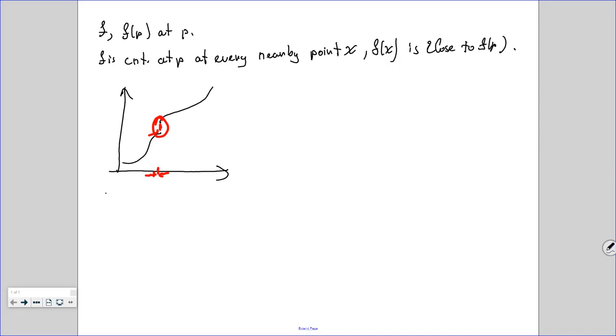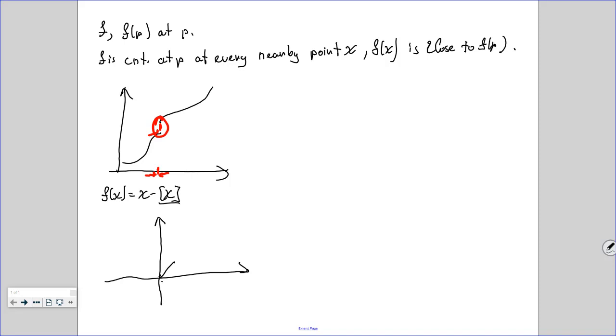Let's consider the function, let's say x minus floor of x, the fractional part. If you graph it, you will see it has the following graph.